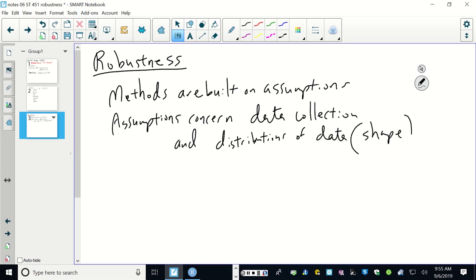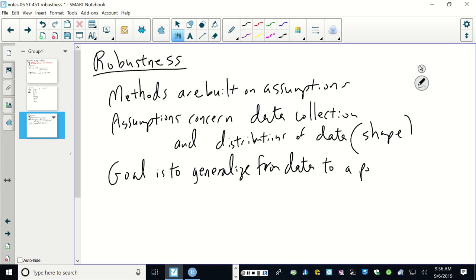Is it symmetric? Does it have a long tail? Does it have heavy tails? Does it have outliers? Does it have multiple modes? And things like that. And the goal of the procedures is to generalize from a data sample to a population.